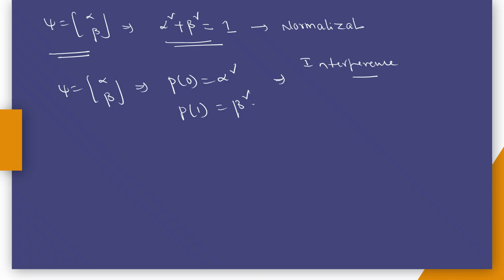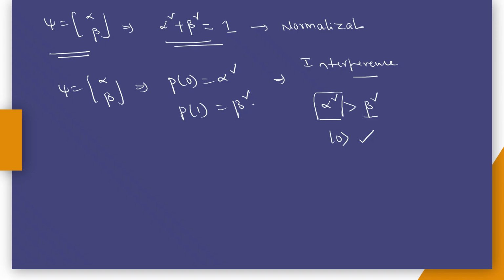After measuring these probabilities, if the alpha square value is higher compared to beta square, the result appears related to state 0. So interference is completely related to favorable and unfavorable conditions. The probabilities sum up for the favorable case; if it is unfavorable, it destroys the probabilities that were added to the favorables. So after measurement of all the probabilities, the qubit collapses to the observed state.